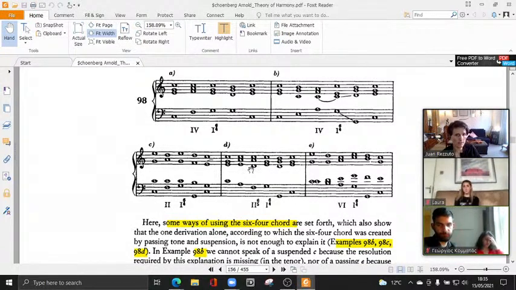So in this case, what is going on with the E? The E doesn't come from the F. Cannot be. So the E is actually not a passing note. It doesn't have to be a passing note all the time when you have a second degree. When it comes from the second degree, in example A, you see that the C, the fourth, resolves into the third of the chord of the dominant, that's fantastic.